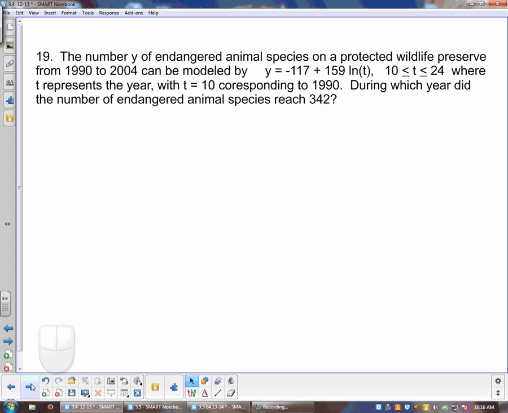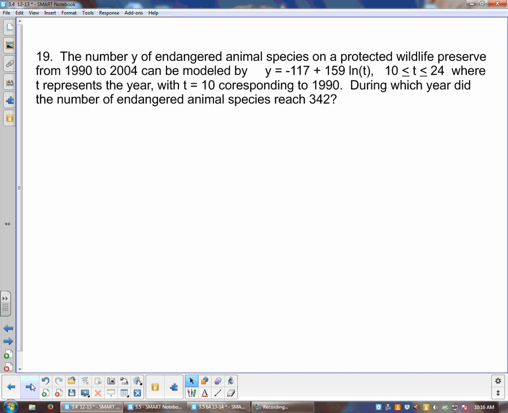The number y of endangered animal species on a protected wildlife preserve from 1990 to 2004 can be modeled by y equals negative 117 plus 159 times ln of t. t can only go from 10 to 24, where t represents the year, with t equals 10 corresponding to 1990.